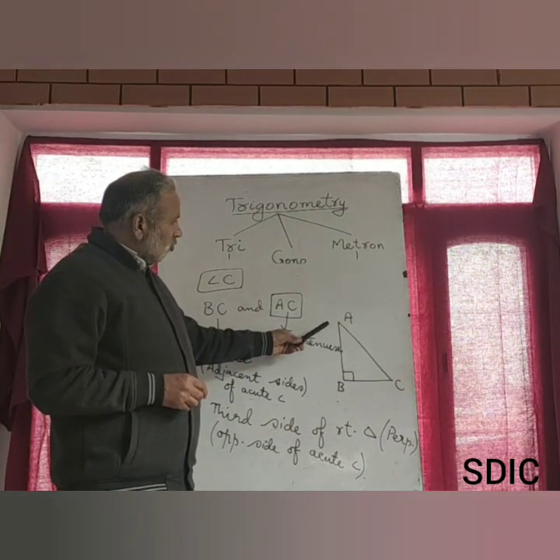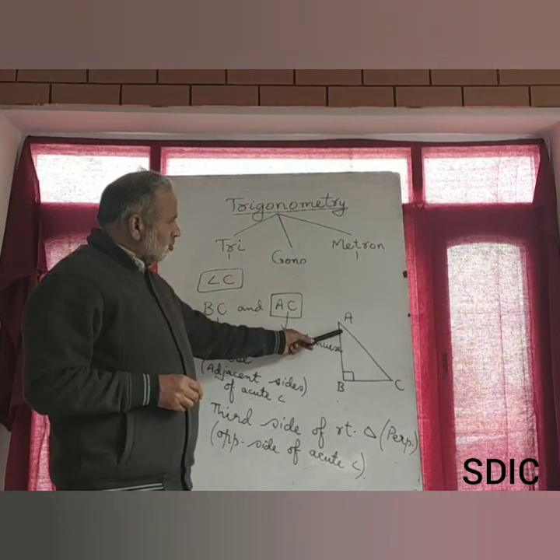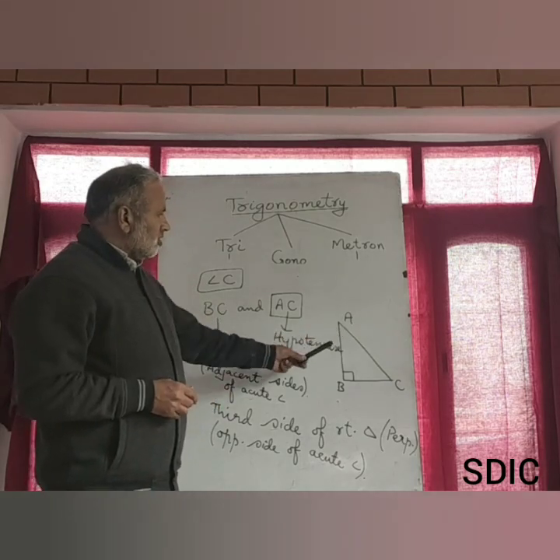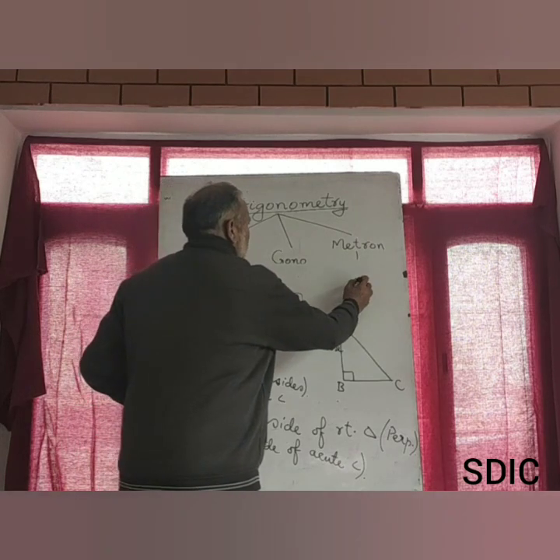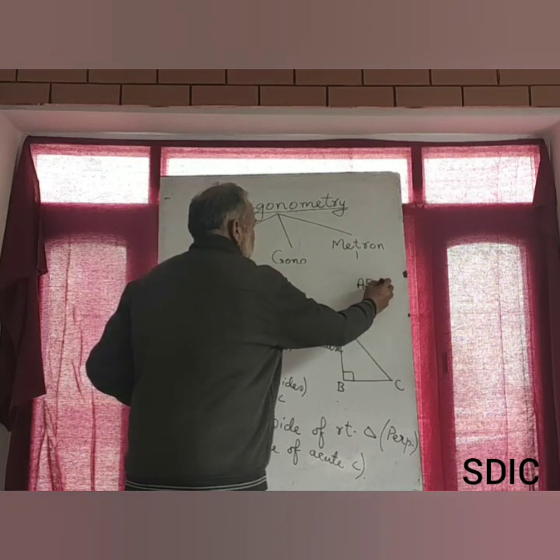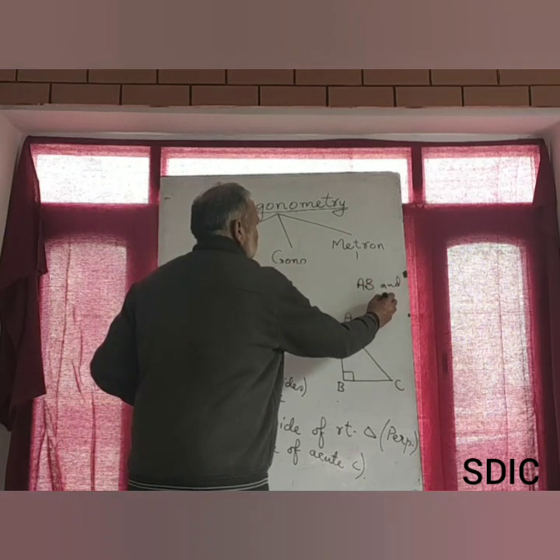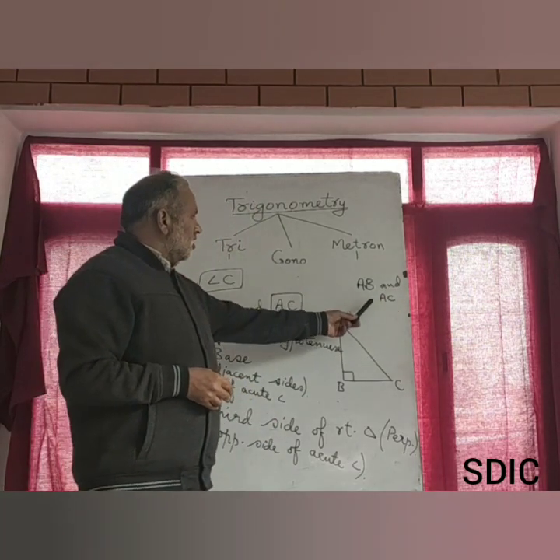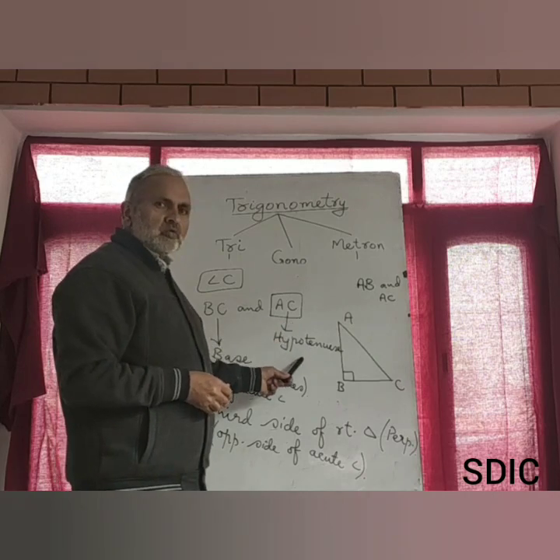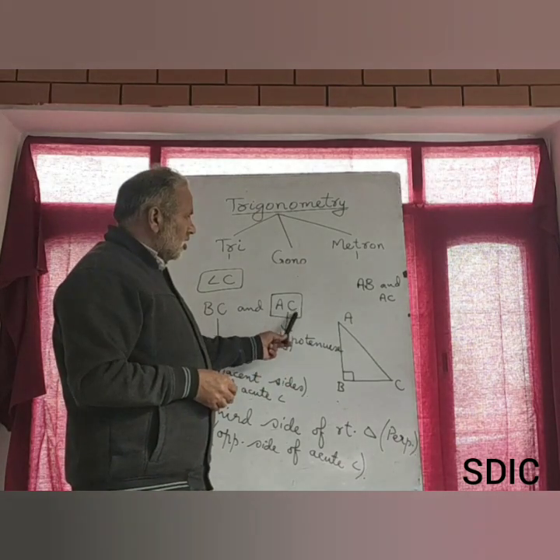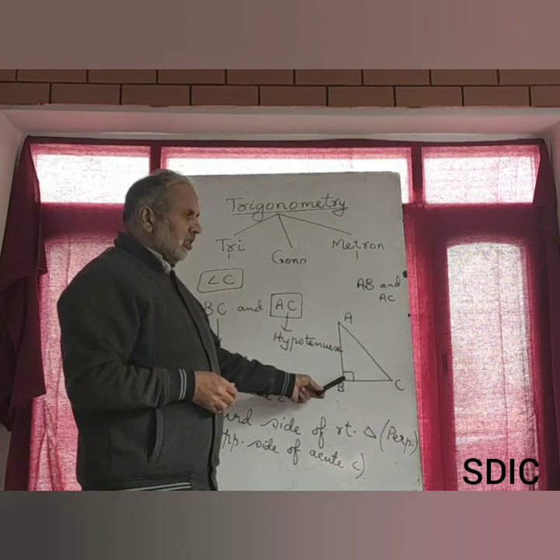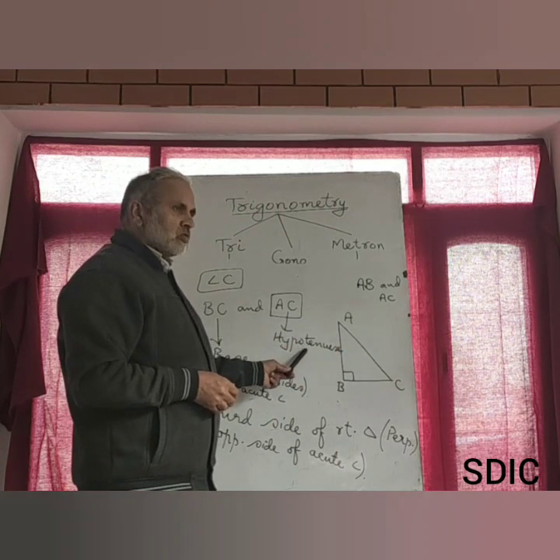This time, what are the arms of this angle A? Yes, the arms are AB and AC. Out of these, AC is again the hypotenuse. AC being the side opposite to 90 degree in the triangle, it is the hypotenuse.